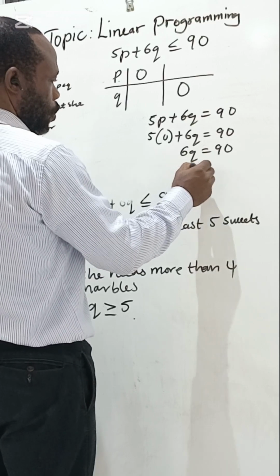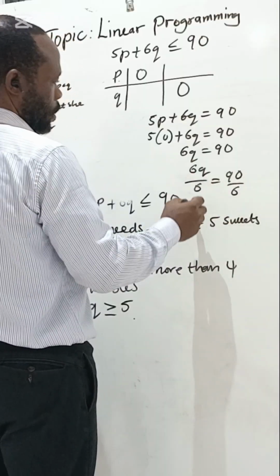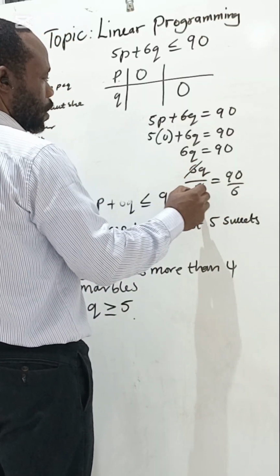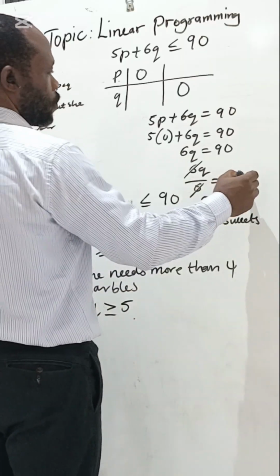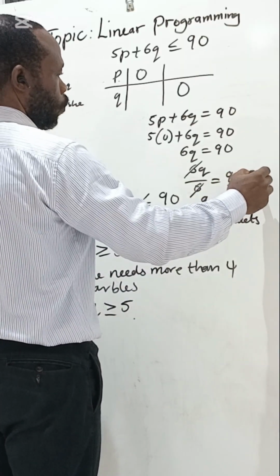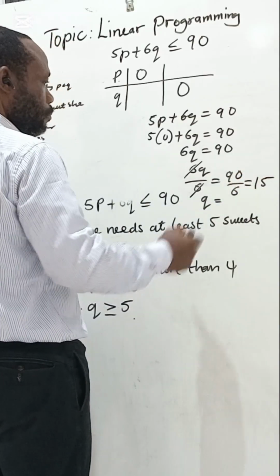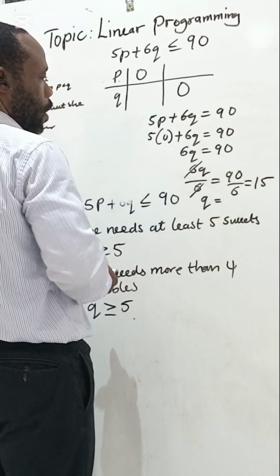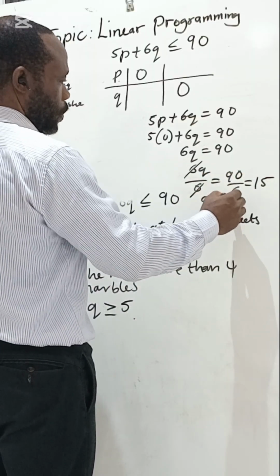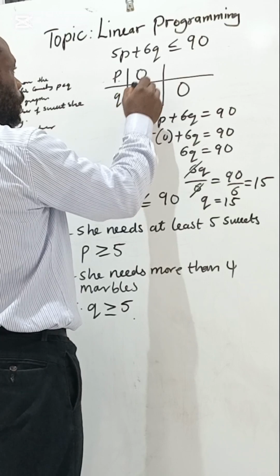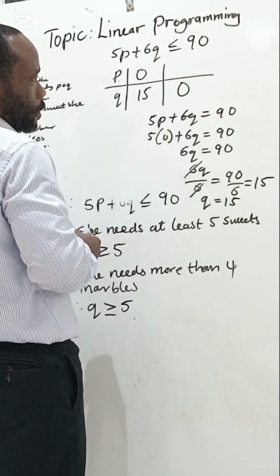This becomes 6q over 6 is equal to 90 over 6. 6 will cancel out 6, therefore q is equal to 90 over 6. 90 over 6 is 15. 6 into 9 is 1, remaining 3. 6 into 30 is 5. So the value of q is equal to 15. At the point where p is equal to 0, the value of q is 15.